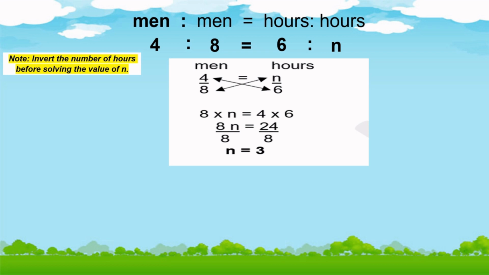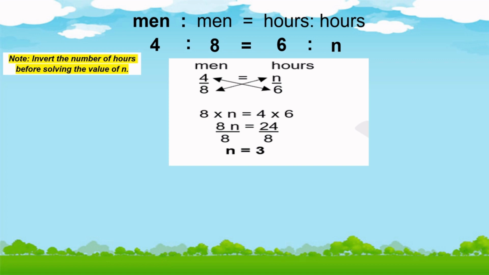Okay, so we will use the cross product method. So we will rename the ratios into fraction form. First ratio we have 4 over 8. Second ratio we have n over 6. The reciprocal of 6 is to n is n over 6. So we multiply 8 by n is equal to 8n.